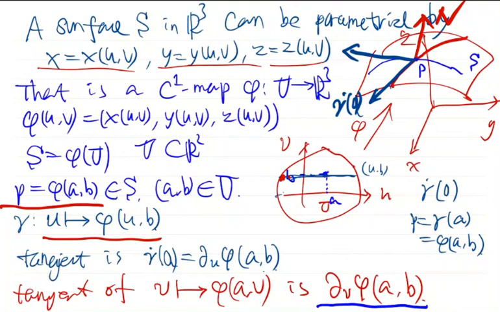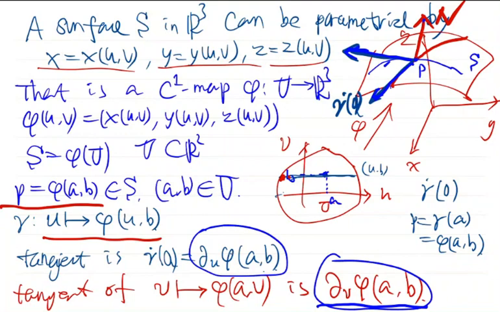So we have two tangent vectors to two transversal curves on the surface passing through P. Our normal vector n should be perpendicular to both of these. Therefore, we can take n to be the cross product of these two tangent vectors of the curves on the surface. We take their cross product, or vector product.